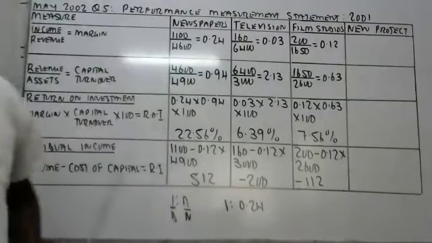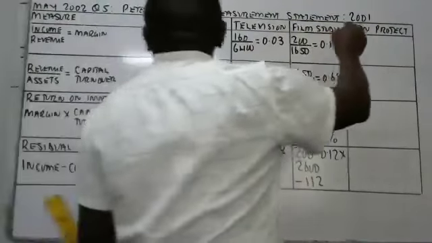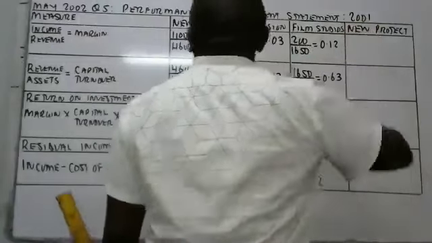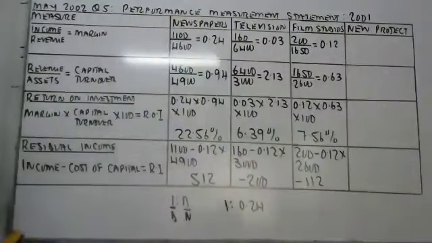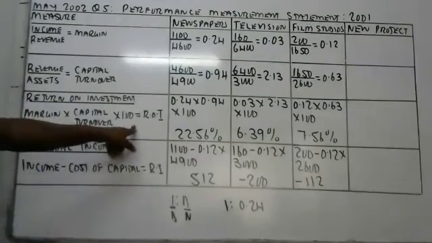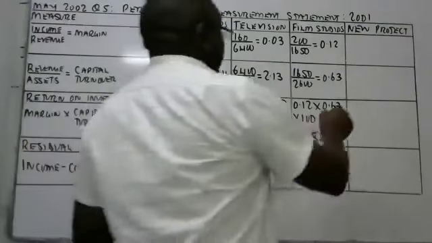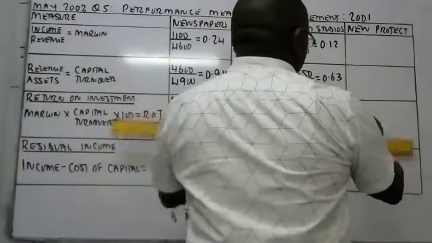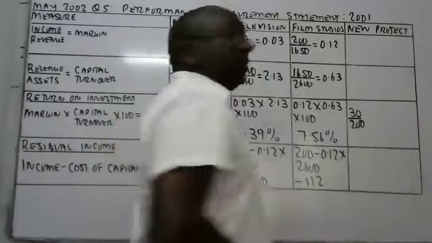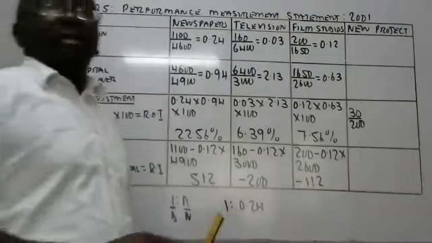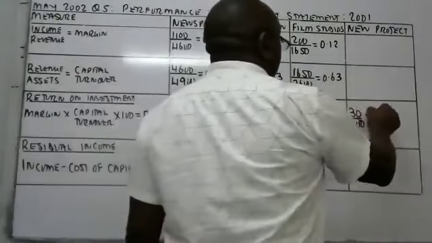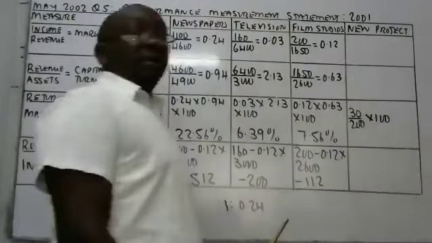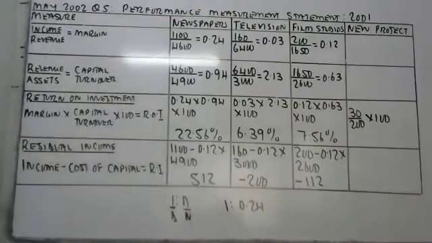So when we come to new projects, we don't know the revenue. So that one, we can only compute return on investment, whereby we say it is the income of 30, you divide by the investment of 200, that's the asset, times 100. The return on investment is what percent?